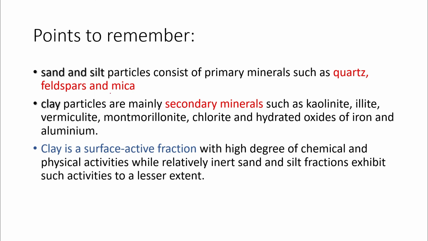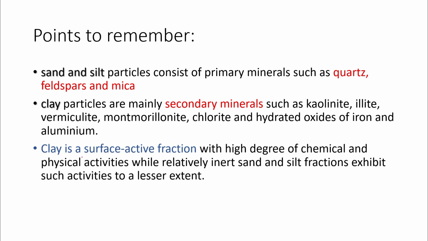Then points to remember: sand and silt particles consist of primary minerals such as quartz, feldspar, and mica. Clay particles are mainly secondary minerals such as kaolinite, illite, vermiculite, montmorillonite, chlorite, and hydrated oxides of iron and aluminium. Clay is a surface active fraction.